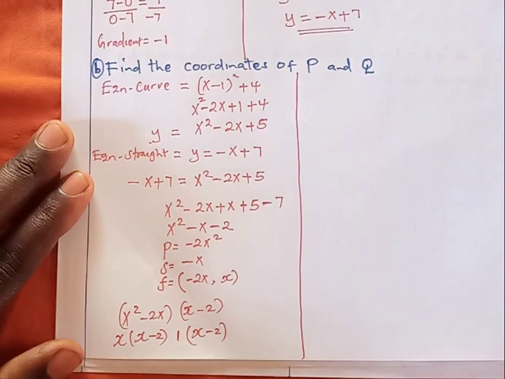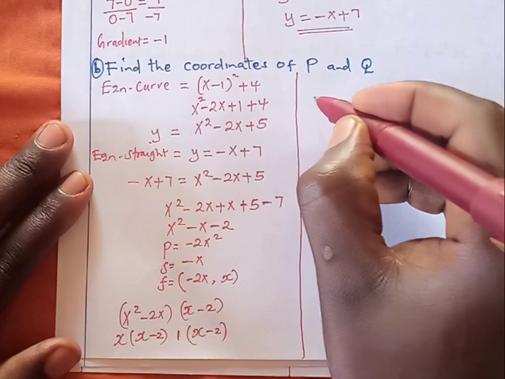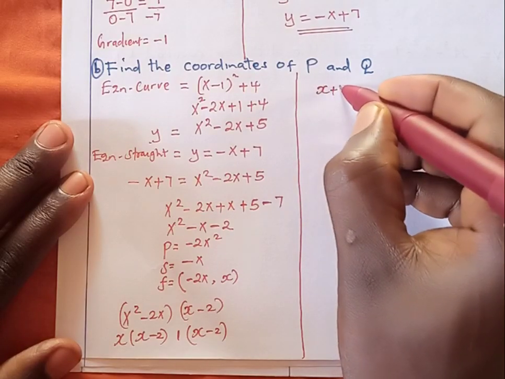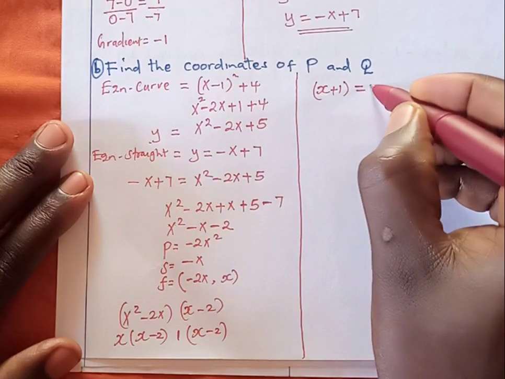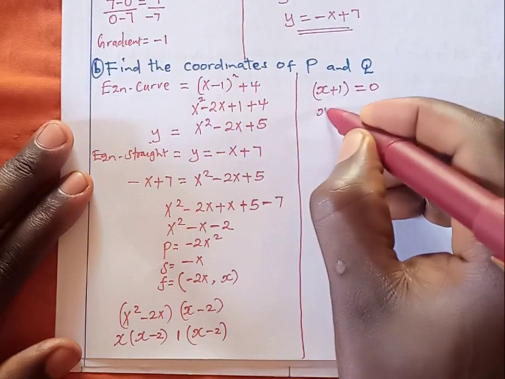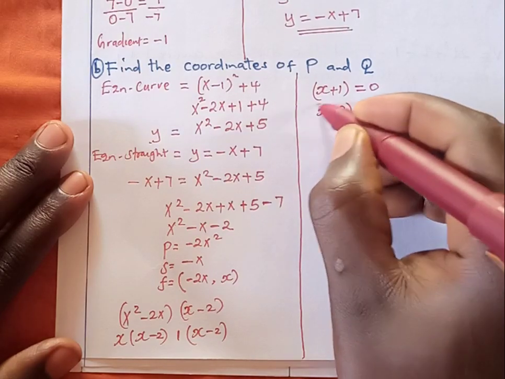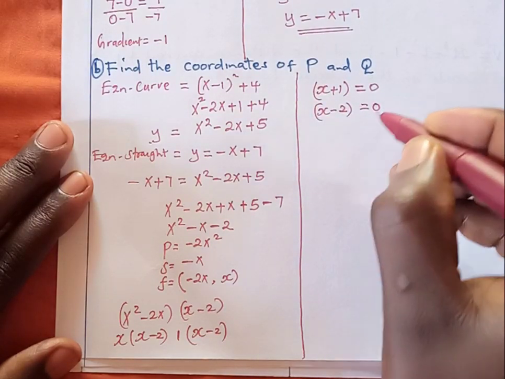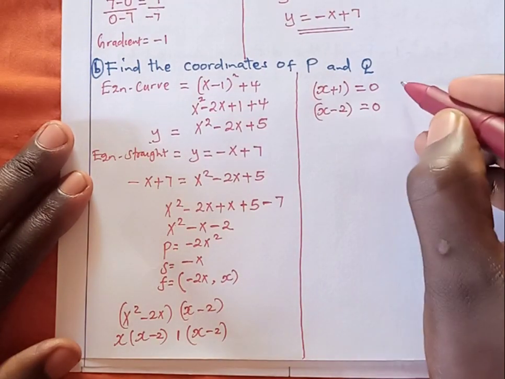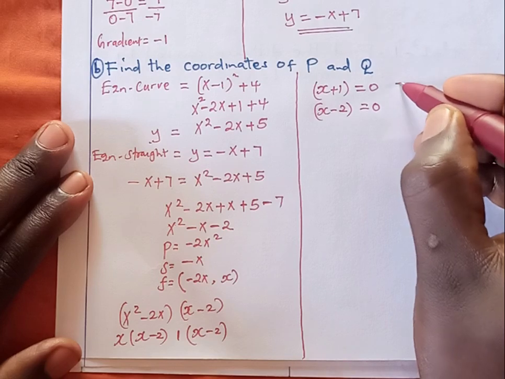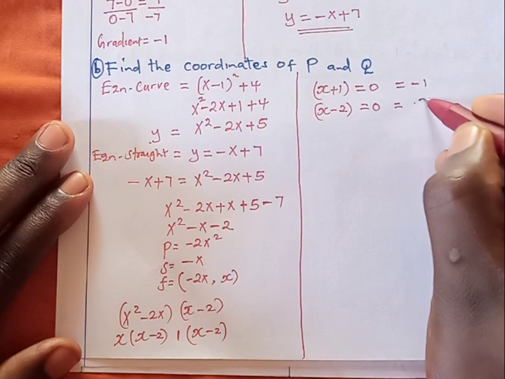Let us divide this part and proceed. We shall now have x plus 1 equals 0, and x minus 2 equals 0. If we put like terms together, under this part x is going to be negative 1, under this part x is going to be positive 2.